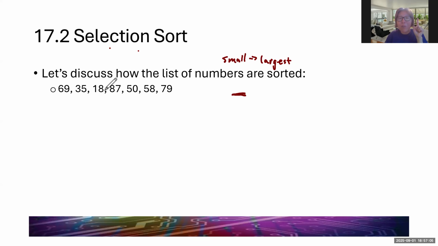So in this list, we can clearly see it's supposed to be 18. 18 is supposed to be filled at the first location. So then this part is sorted, and the remaining will be unsorted. So that's the outer loop, first iteration.